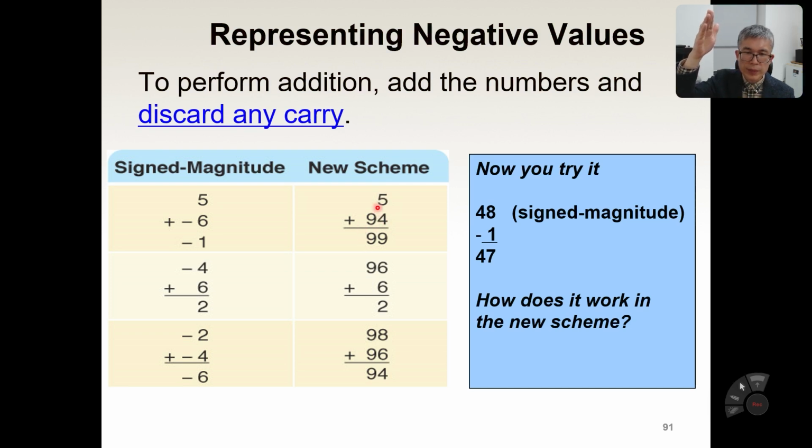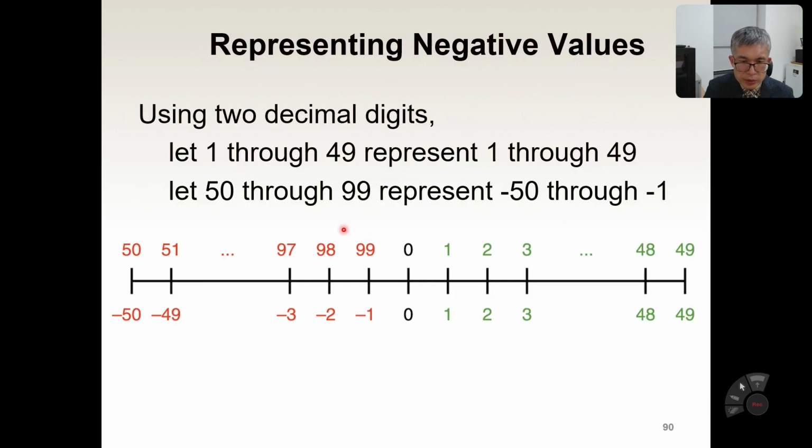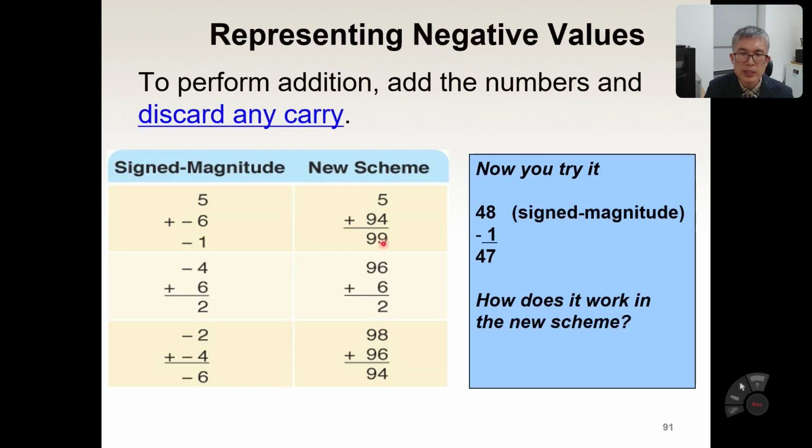So for our case, 5 plus 94 is 99. Okay, 99 is minus 1, so we get minus 1. In the signed scheme, you take the greater magnitude 99 and negate it.